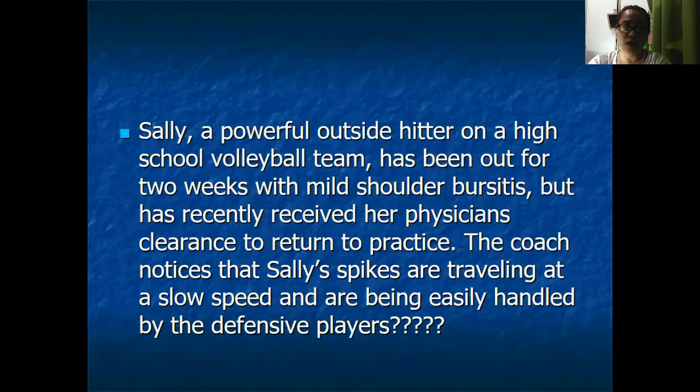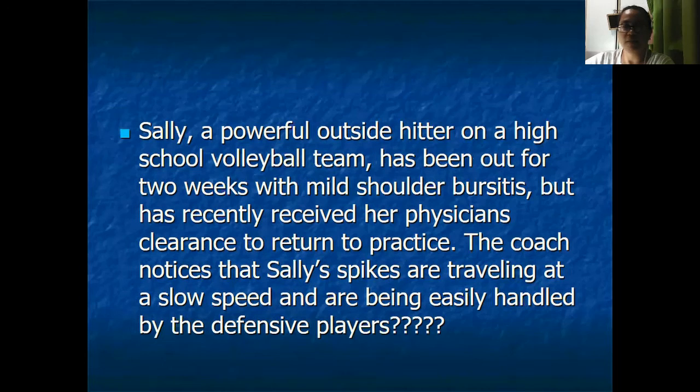So, Sally, a powerful outside shooter of the high school volleyball team, has been out for 2 weeks with mild shoulder bursitis, meaning there's an injury. She has received clearance to return to practice. The coach notices Sally's spikes are traveling at a low speed and are being easily handled by the defensive players.